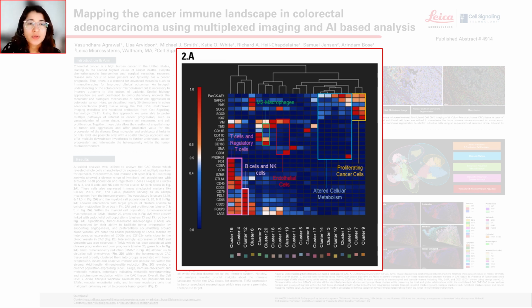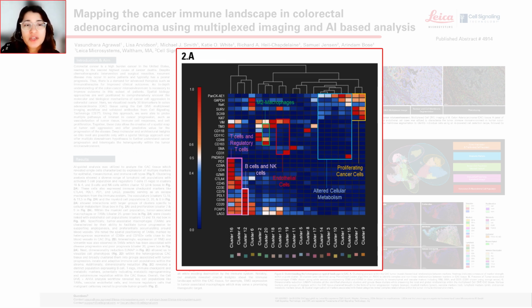Clustering analysis showed a diverse range of lymphoid cell populations with activated T cell population, B cells, natural killer cells, shown in pink boxes in the figure. Larger groups of clusters specific to cellular metabolism, shown in blue, and proliferation, shown in orange, that are possibly indicative of tumor progression, were also identified.